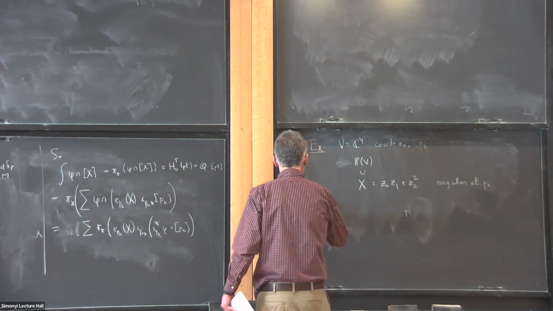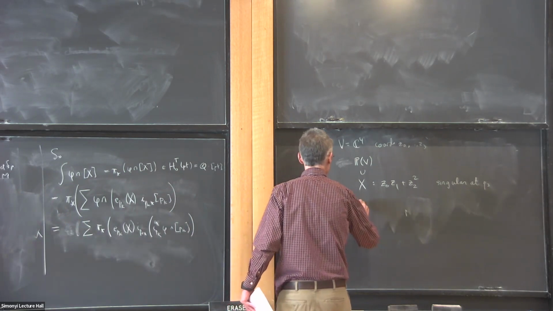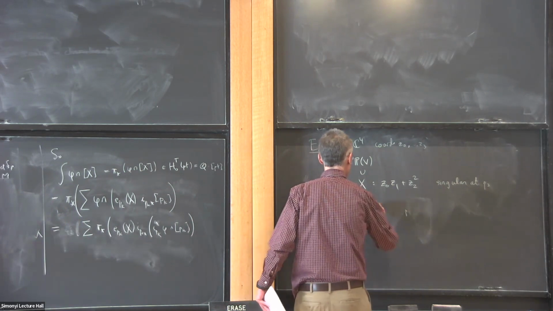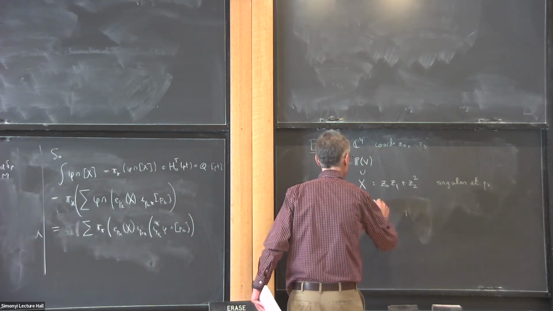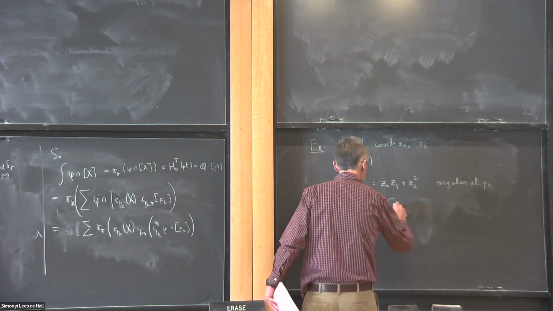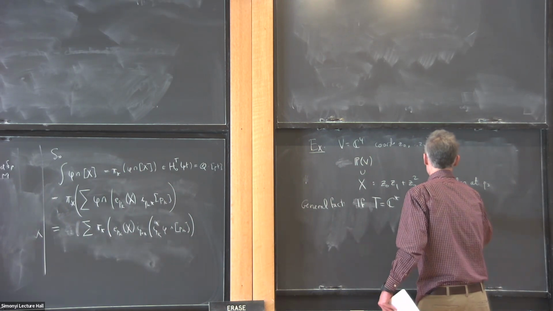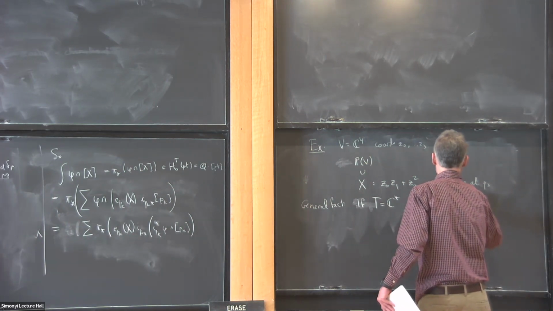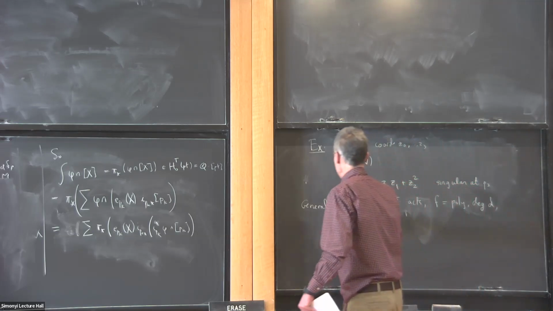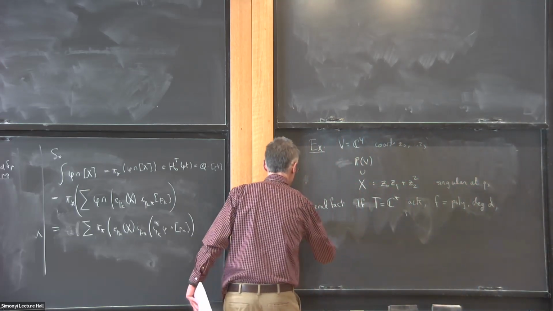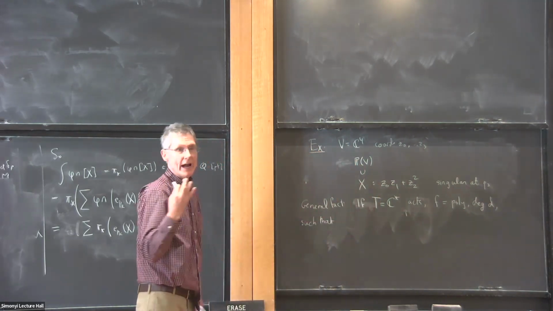So the general fact is that if T is C star and acts, and F is a homogeneous polynomial of degree d, T will therefore act on the polynomials.